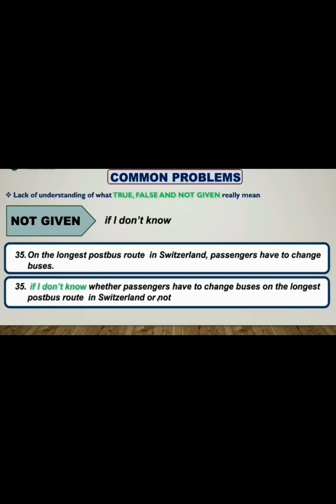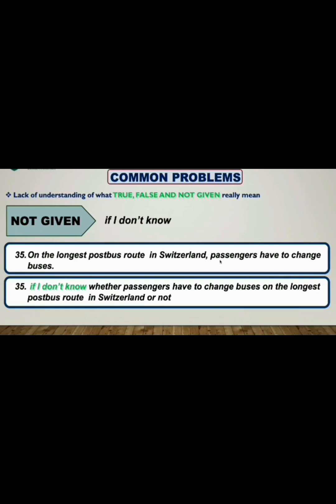And look at what we did here. We didn't say passengers have to change buses. We are looking at the message, and this message is passengers have to move from one bus to another while traveling on the longest post bus route in Switzerland. So if we don't know whether you will move from one bus to another, that's the only way our answer will be a not given.